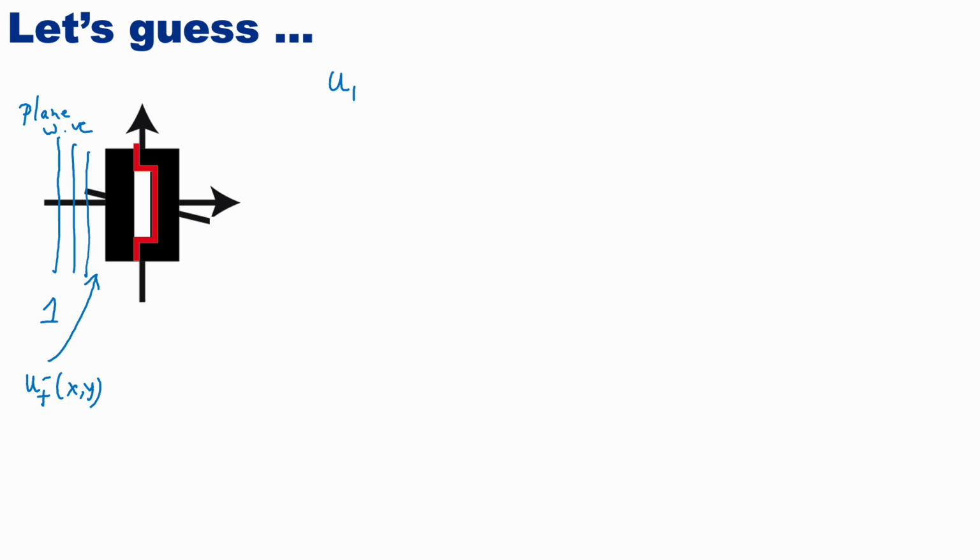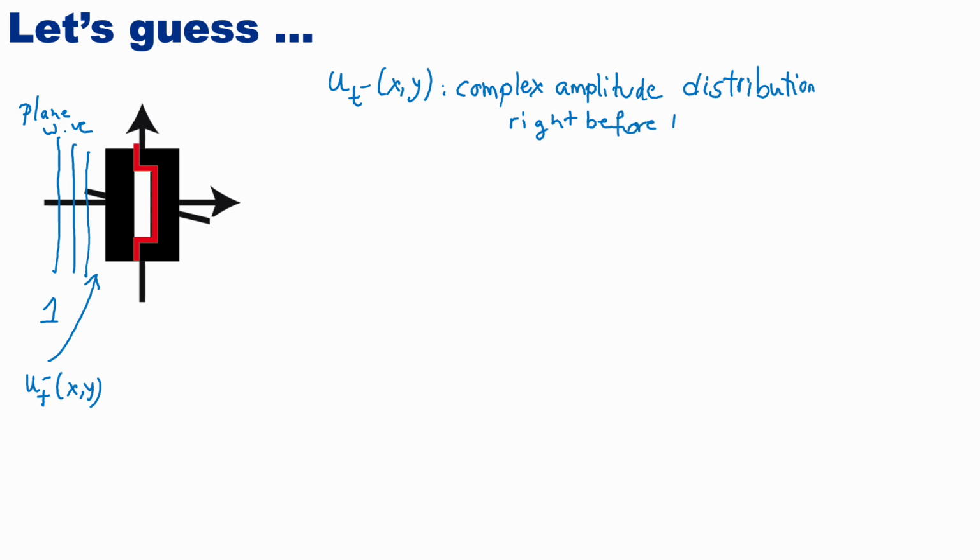So u sub t minus is gonna be my complex amplitude distribution right before the aperture or our pupil, and then this is gonna be equal to 1 if we have a plane wave illumination, right?